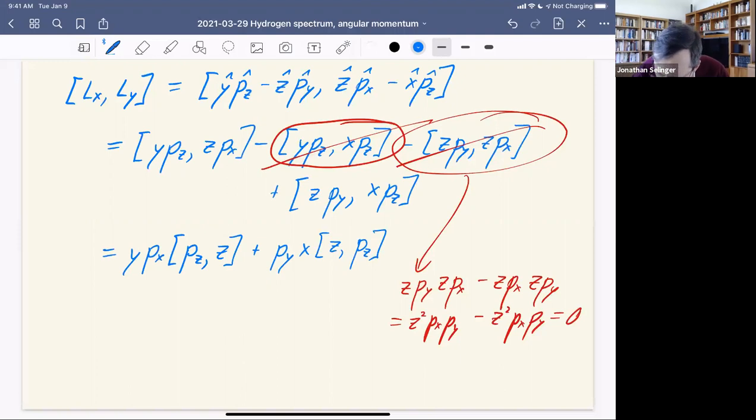All right, now we know what these commutators are. The commutator of Z with PZ is i h bar.